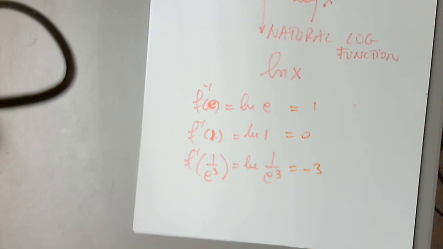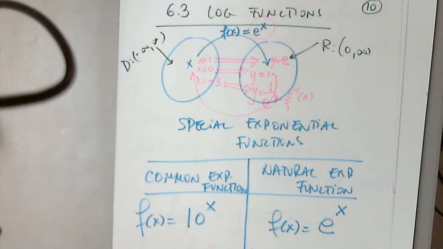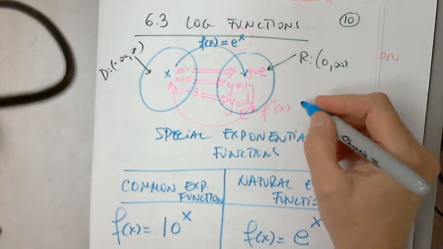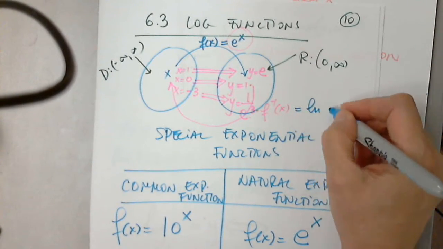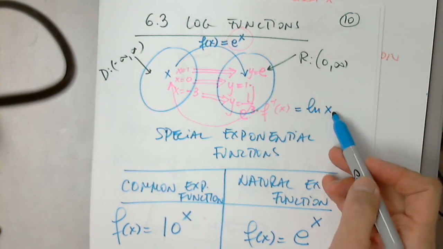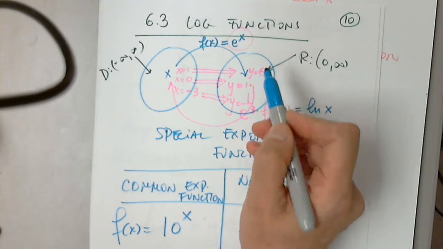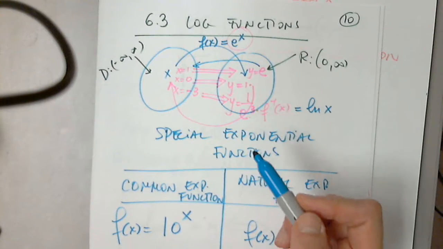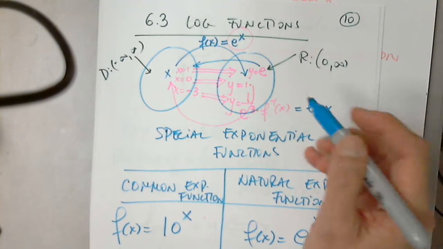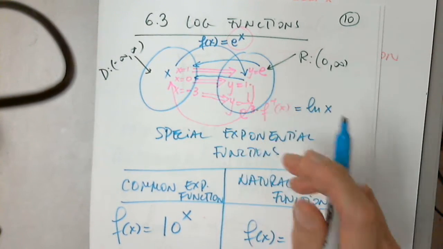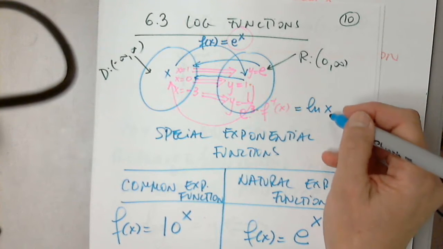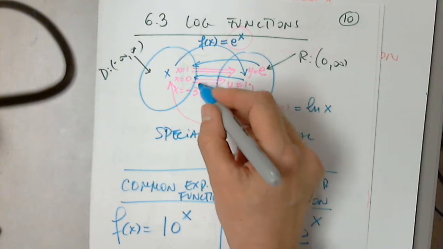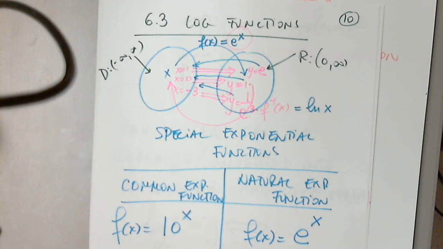So we concluded that this is indeed the inverse function. The inverse function is indeed natural log x, because when we applied natural log to e, it returned 1. When we applied natural log to 1, it returned 0. And when we applied natural log to 1 over e to the third, indeed, it returned -3.